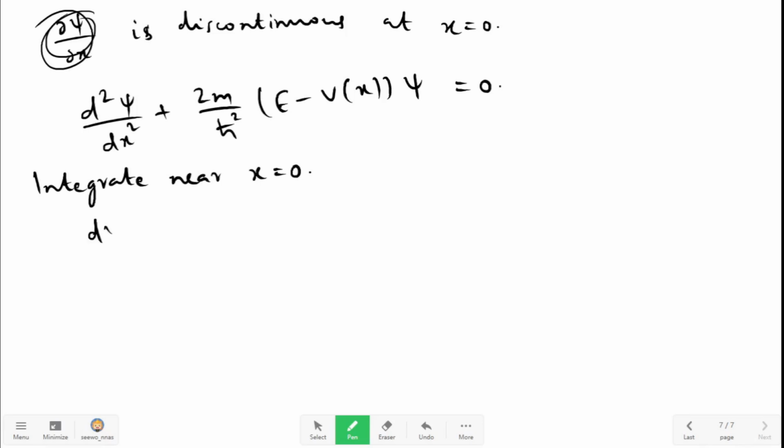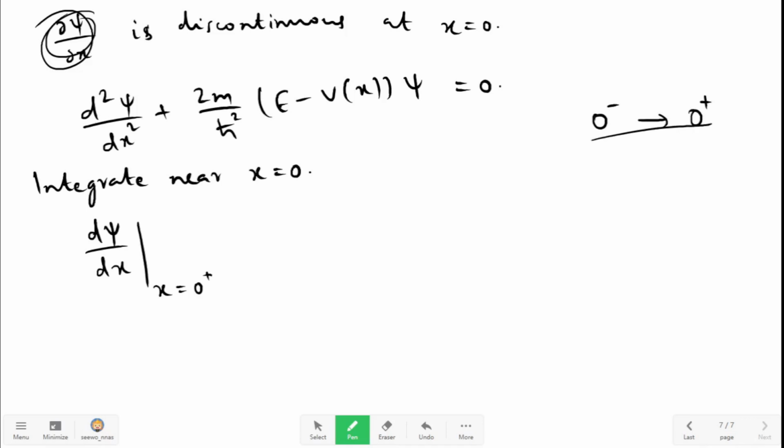When we integrate we will get d psi by dx at x equal to 0 plus. We are considering a very small interval near x equal to 0, that is from 0 minus to 0 plus. In this range we are integrating.